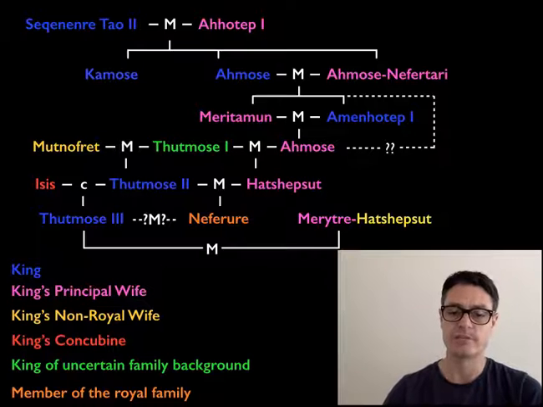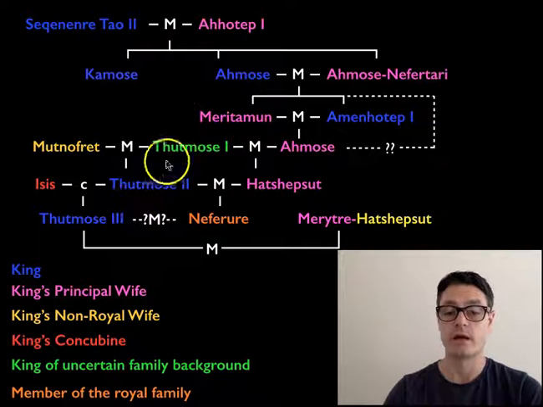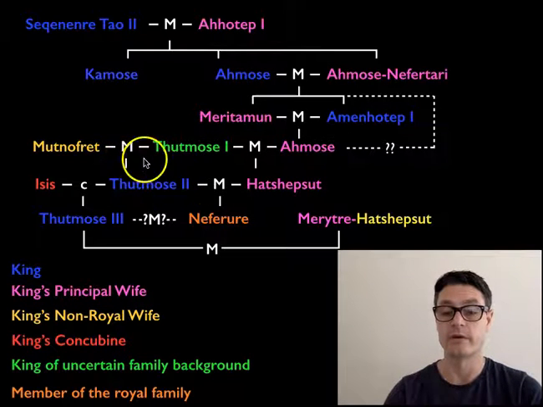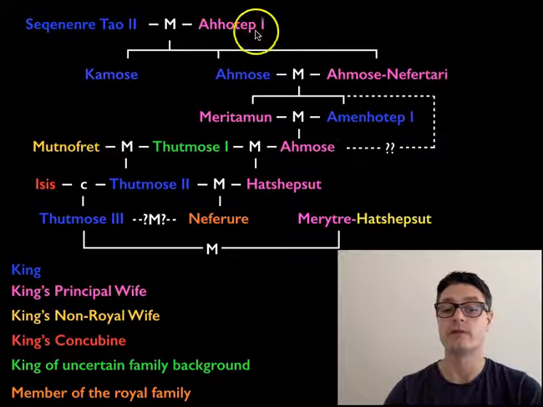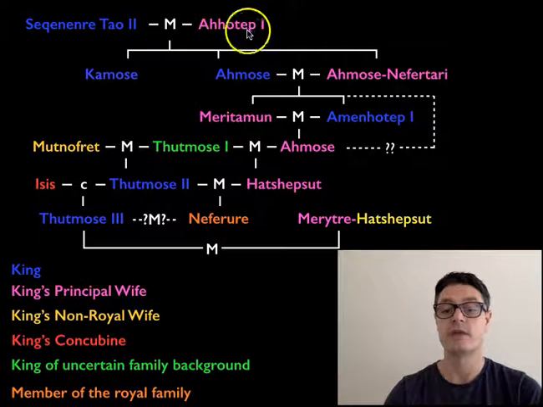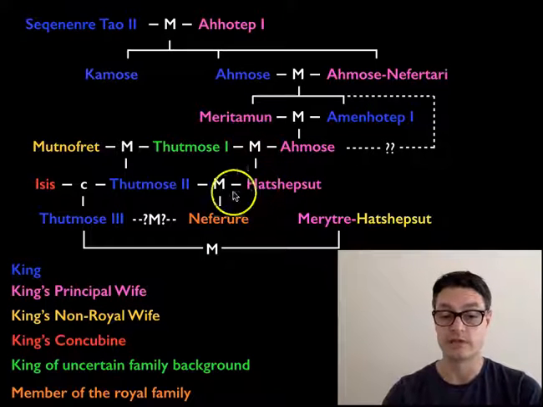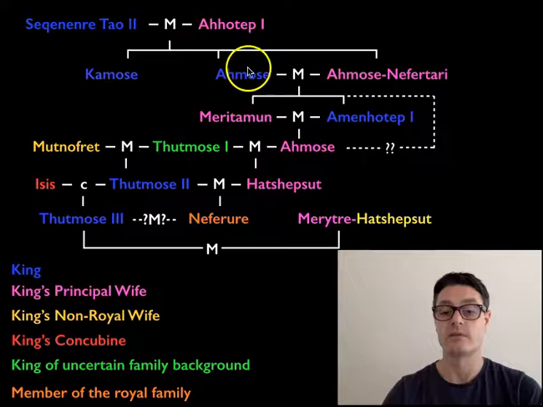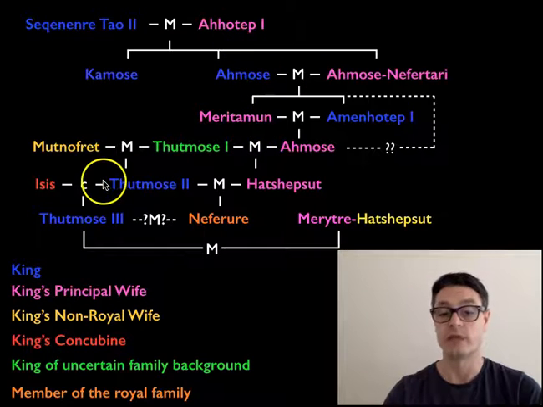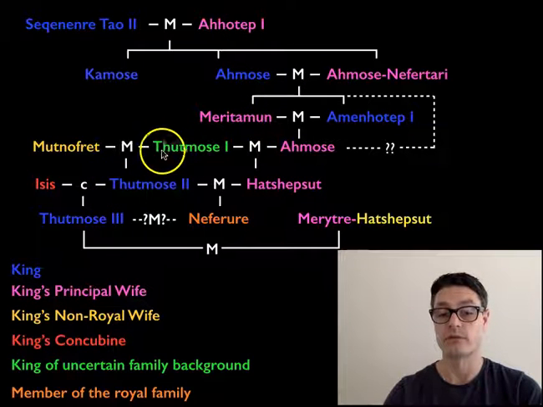The suggestion is based on the fact that Thutmose I isn't part of that royal family, whereas Hatshepsut can trace her lineage all the way back through these queens to Ahhotep I, and then down to herself, and then to Neferure, her daughter, who has that unbroken line of descent from Ahhotep.